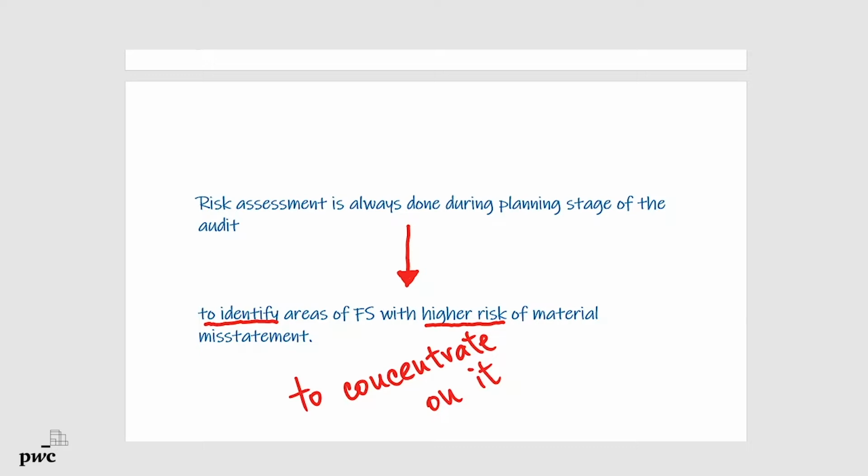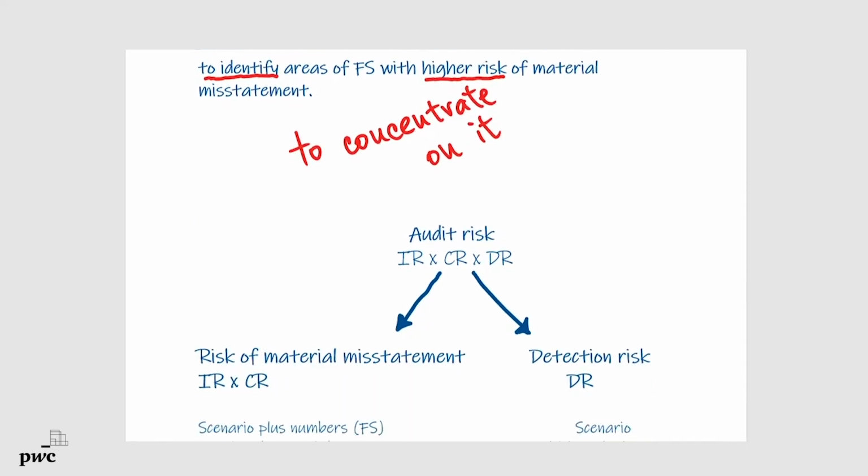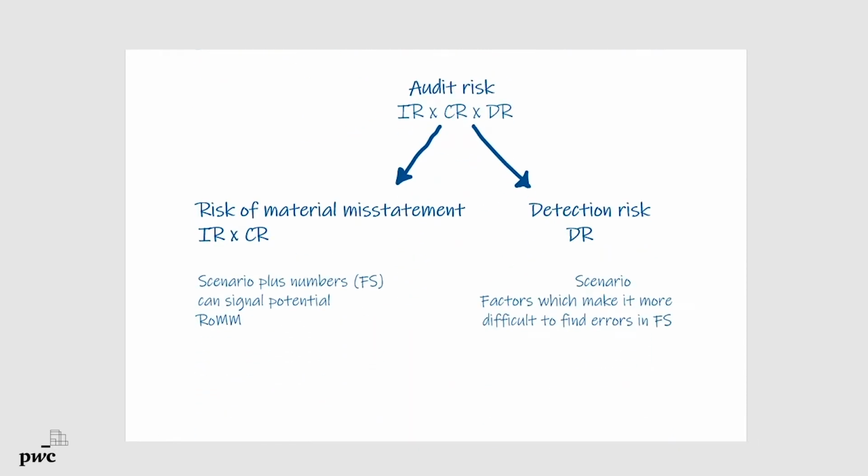In March 2020, we were asked to produce a risk assessment for audit risk. Audit risk is the risk that the auditor issues a wrong audit opinion on the financial statements. It generally consists of the risk of material misstatement and detection risk.